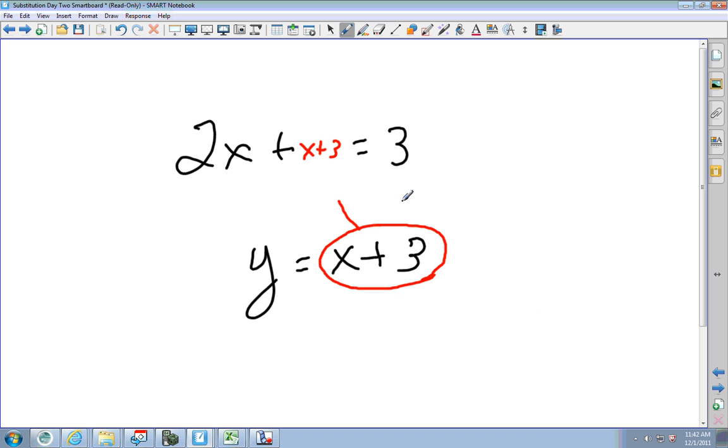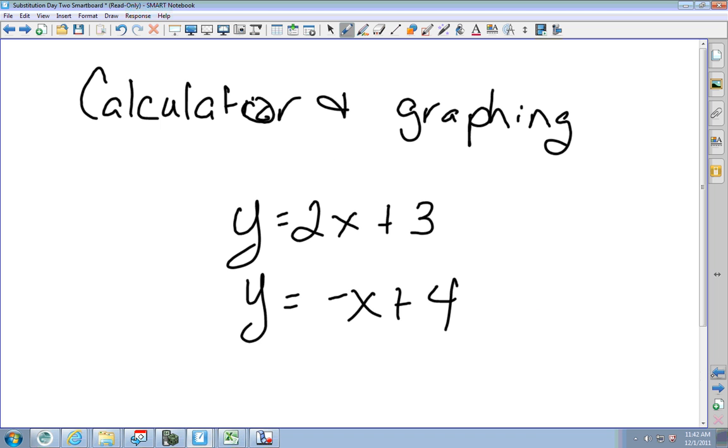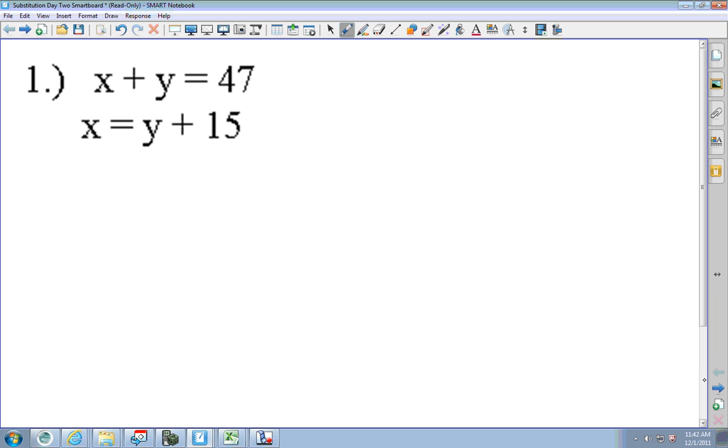Now, let's go back and do one of these problems right here. I want you to write down this problem. I have one of them that is in standard form. The other one is not in y equals form, but it does say x equals. So right here, you should circle what x equals. This is saying put all of this into the other equation for x.